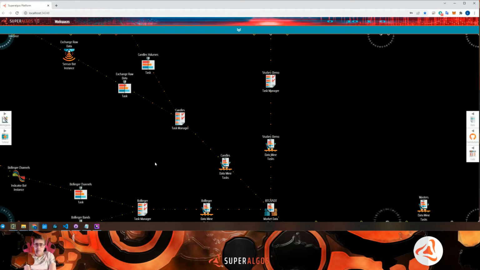It's not enough. You need to have the data mine with that indicator present at the workspace, and not only present, and this is very important, it made me waste time when I was building this.